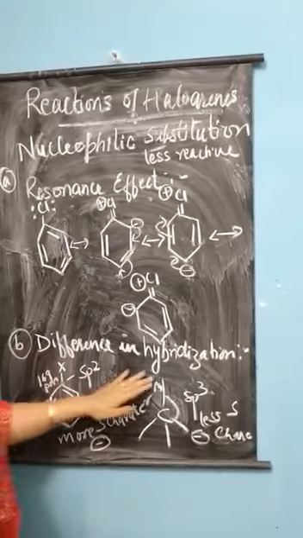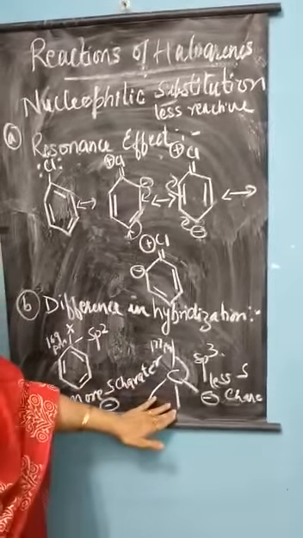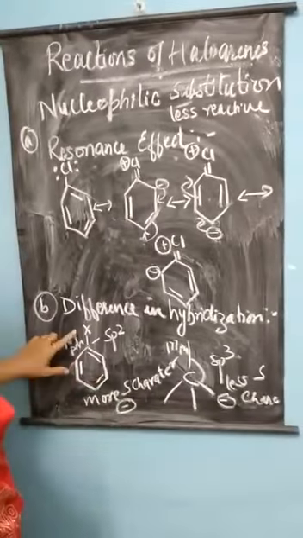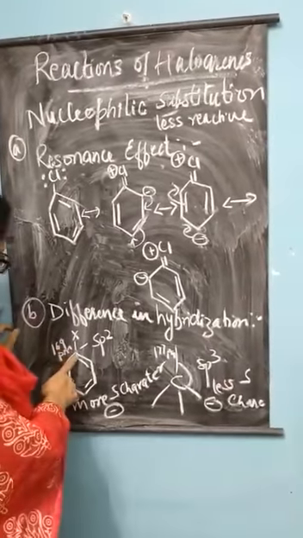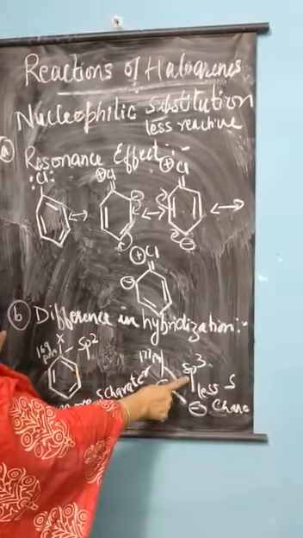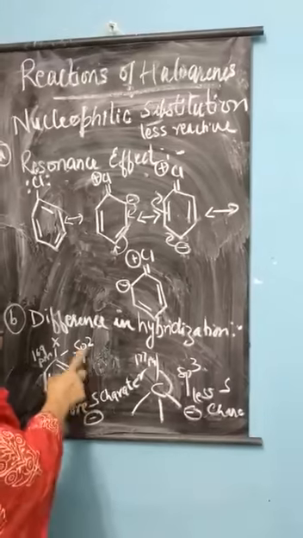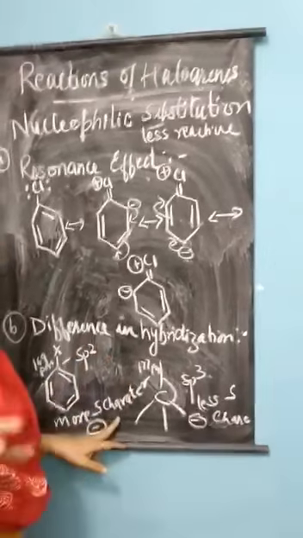Second reason is the difference in hybridization. You can compare the difference between haloalkanes and haloarenes. In haloarenes, the carbon attached to the halogen is sp2 hybridized, whereas in haloalkanes it is sp3 hybridized. Important point: when it is sp2 hybridized, it has more s character.